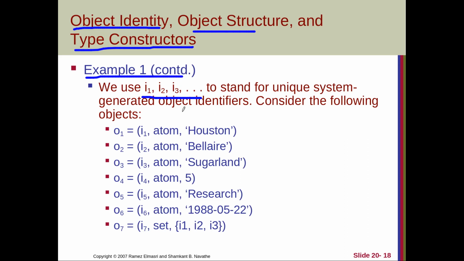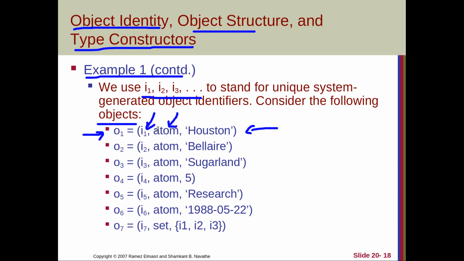Now we will see the different object notations here. Now object 1, listen to this carefully. Object 1 is equal to, so how are we going to represent object 1? It will be given the name O1, the ID assigned is I1, comma, its type constructor is atom.